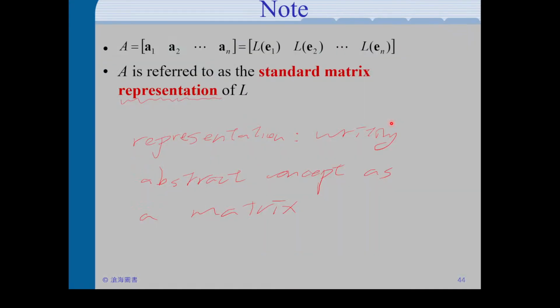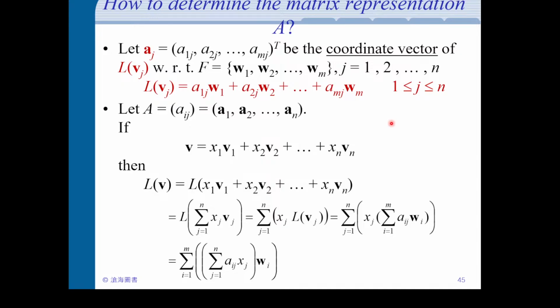So now, how we find the representation of A. Let's see this all written down in a lot of algebra, in a lot of symbols. We want to find A_j, that's the coordinate vector of L of V_j with respect to F. I guess we want to verify the result is correct.